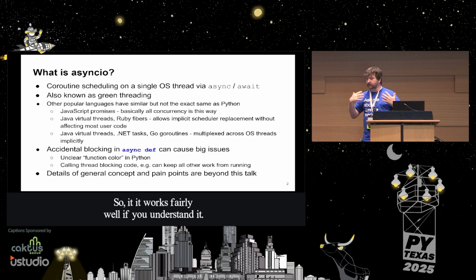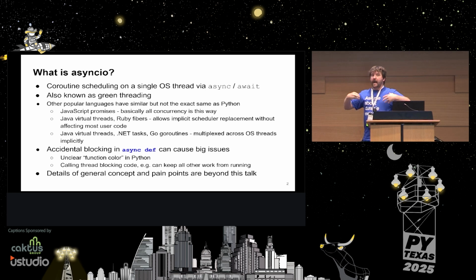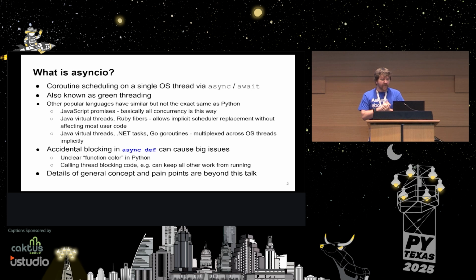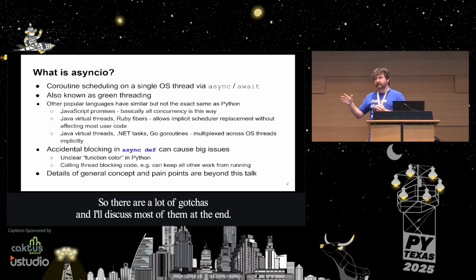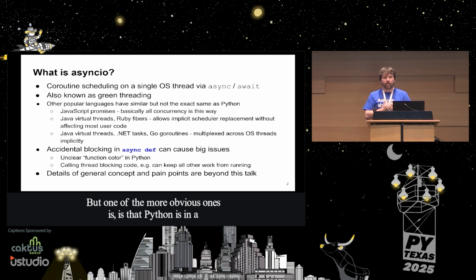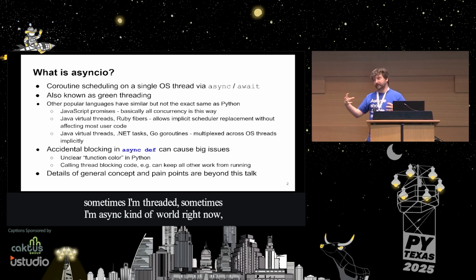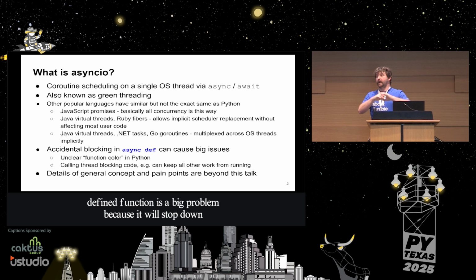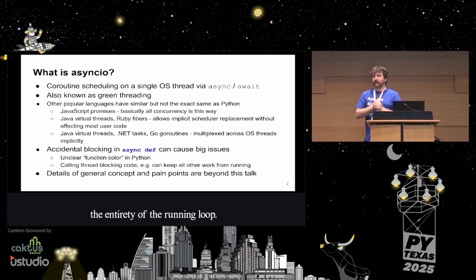So it works fairly well if you understand it and if the libraries that you happen to be using work well with it. There are a lot of gotchas, and I'll discuss most of them at the end, but one of the more obvious ones is that Python is in a sometimes-I'm-threaded, sometimes-I'm-async kind of world right now. And using thread-blocking things inside of an async-defined function is a big problem because it will stop down the entirety of the running loop.